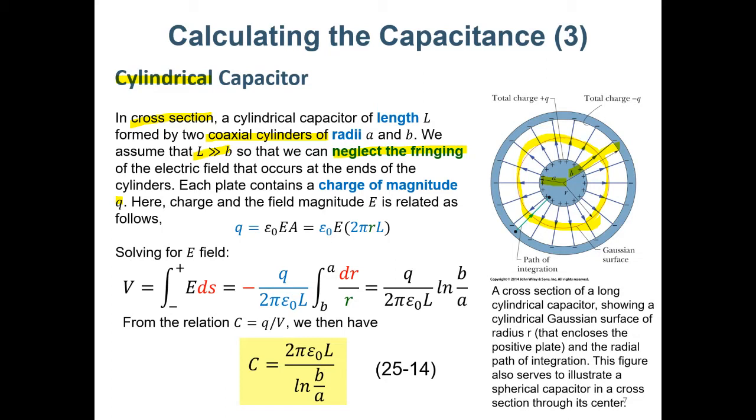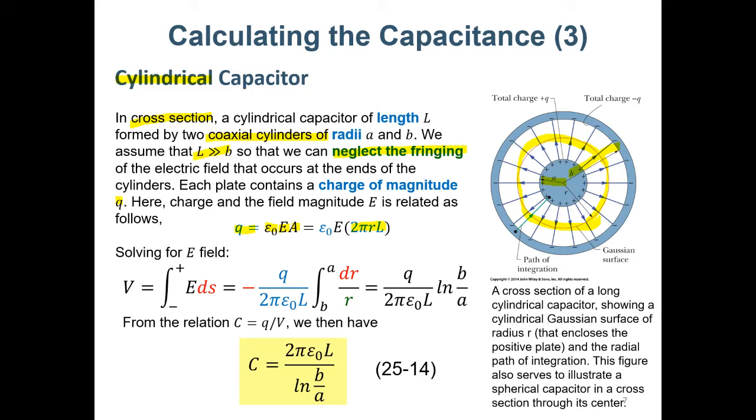So according to Gauss law, Q will be epsilon naught times E times A, where A is the surface area. It will be 2 pi r, which is the circumference of a circle, times L, which is the height.